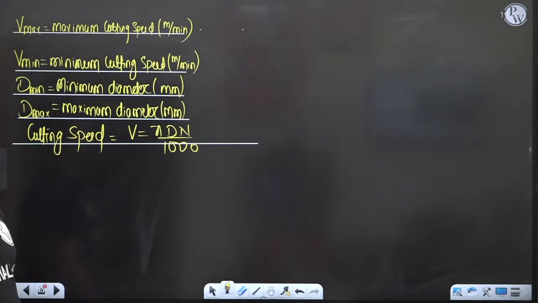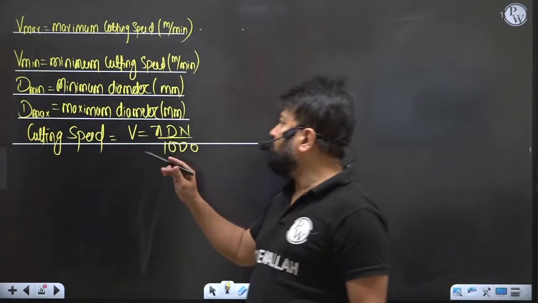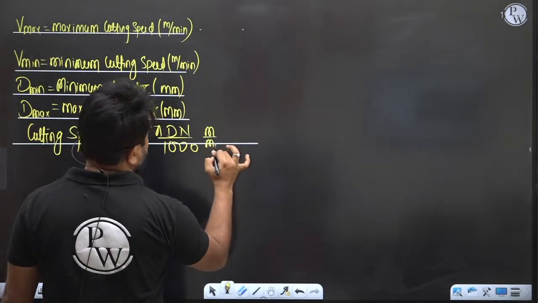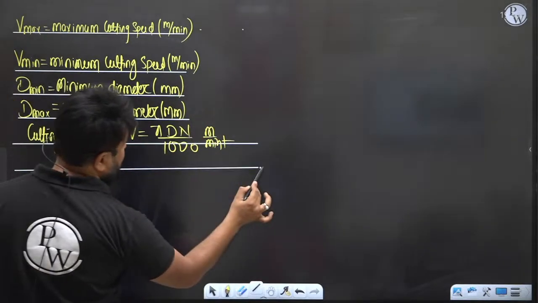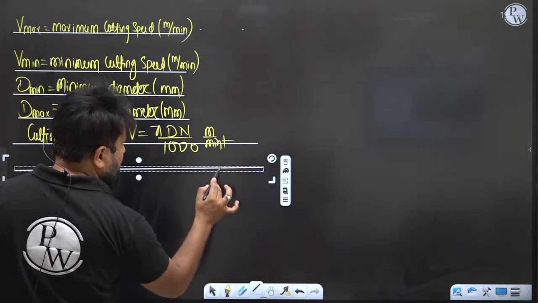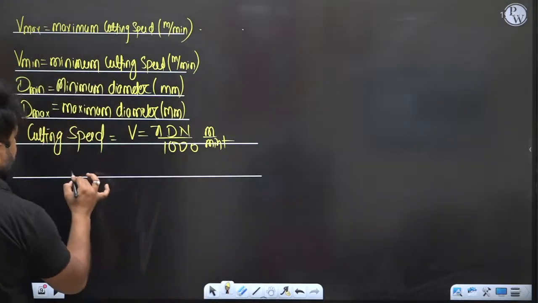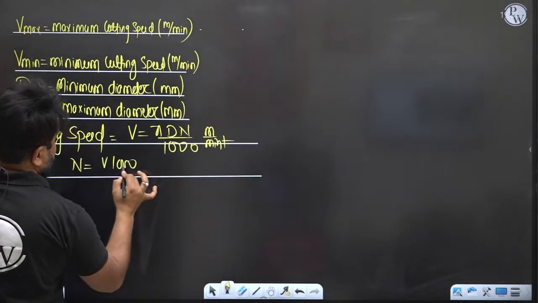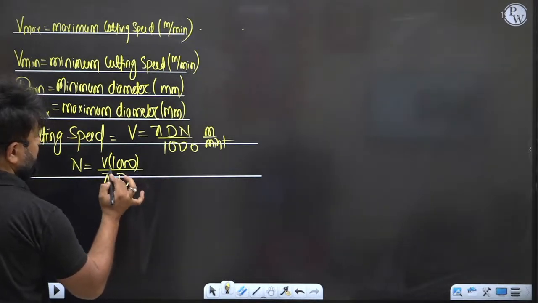Am I clear or not? Then what will be the RPM, my dear? In that case, RPM will be V times 1000 divided by pi D, right?